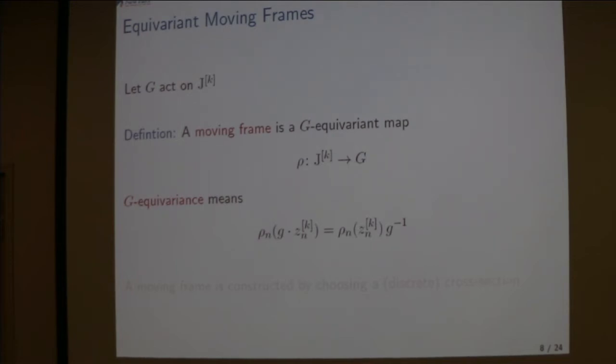This is just a notation to collect neighboring points together, and here n can vary. So rho will be a function as n changes, and the value of this function will vary.